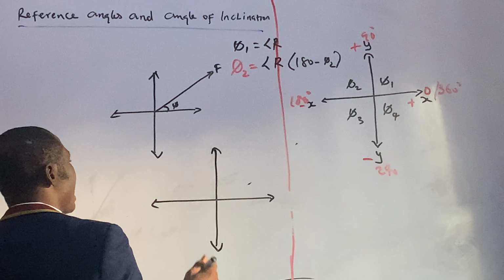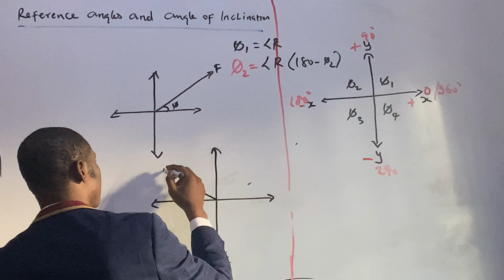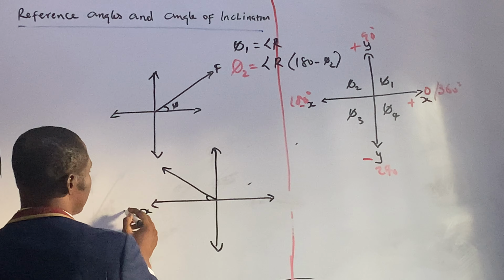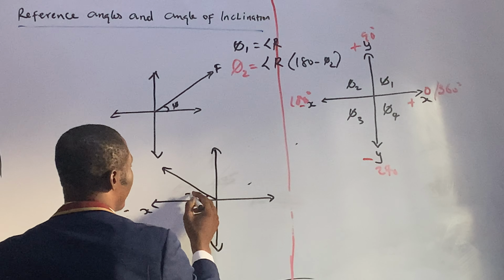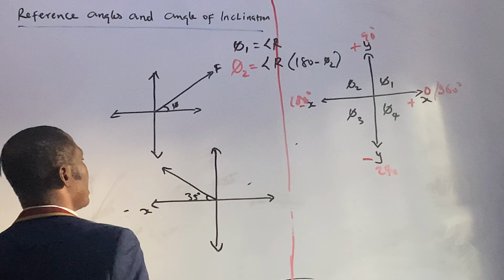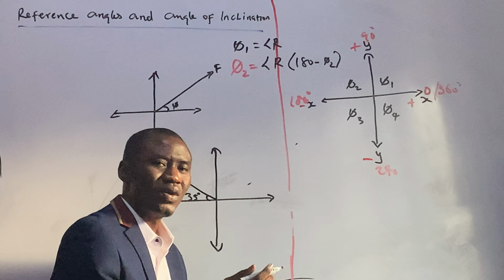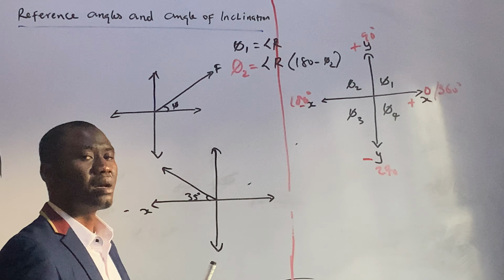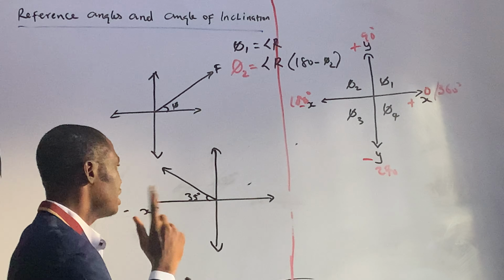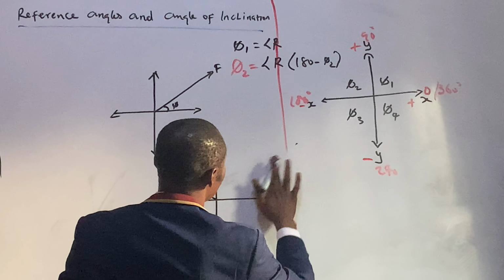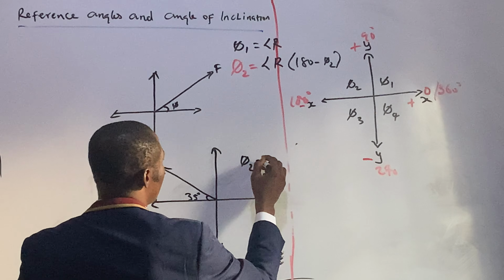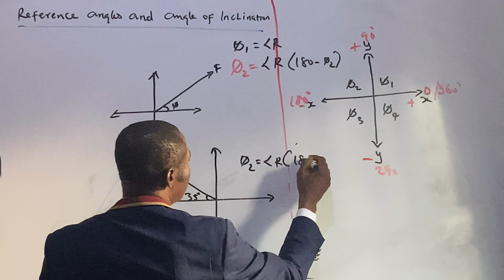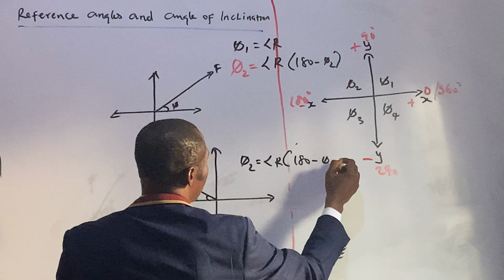Now, let's say an angle is inclined here, toward the negative x-axis, at an angle of 35 degrees. For the reference angle you can use minus 35 degrees and get your answer. But the major thing is to simply use this: theta 2, which is equal to the reference angle, is 180 minus theta 2.